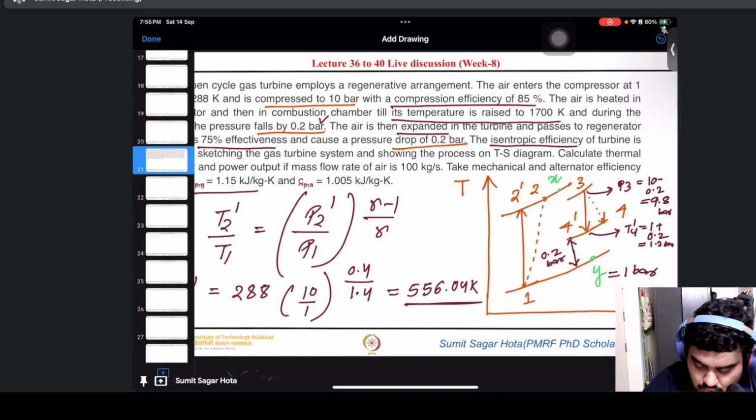The regeneration always occurs in the position 2 to x and 4 to y, so you can consider either of them.